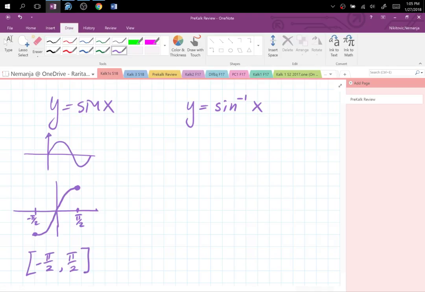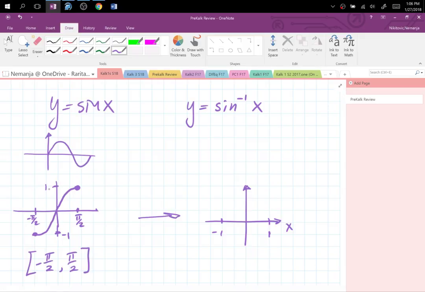Ha! Now that piece passes horizontal line test, which means that we are going to have our sweet little inverse over here, which will have negative 1 and 1 on the x-axis now, because negative 1 and 1 used to be on y. Remember, inverse swaps domain and range, swaps x and y.